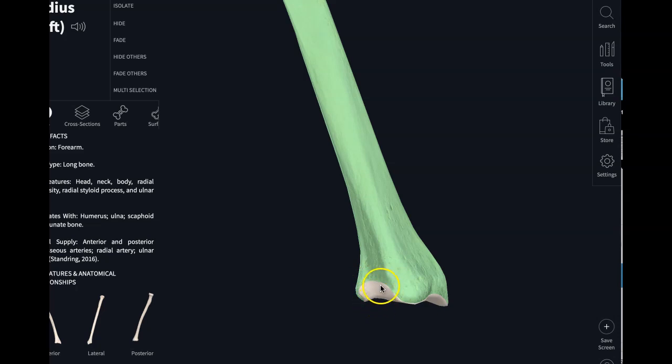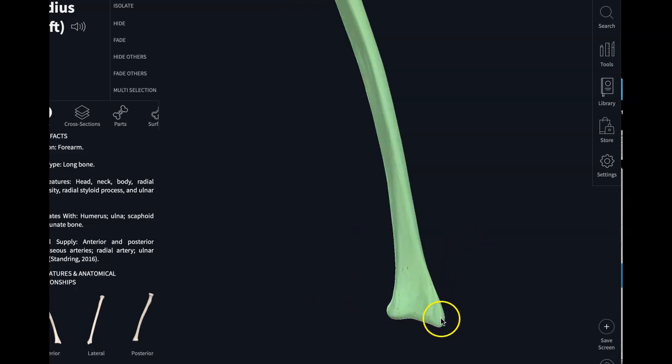The ulnar notch of the radius is articulating with the head of the ulna. Ulnar notch articulating with the head of the ulna. Also at the distal end of the radius is going to be this little pointy part. This is the styloid process of the radius.